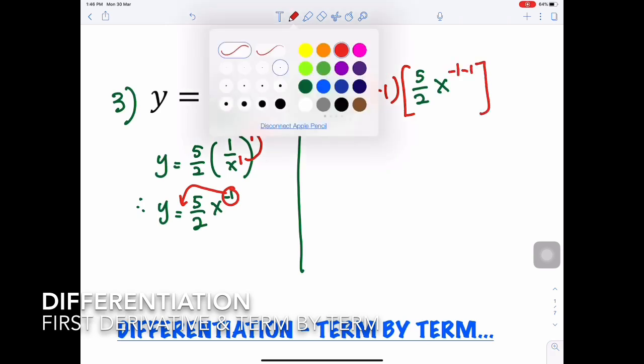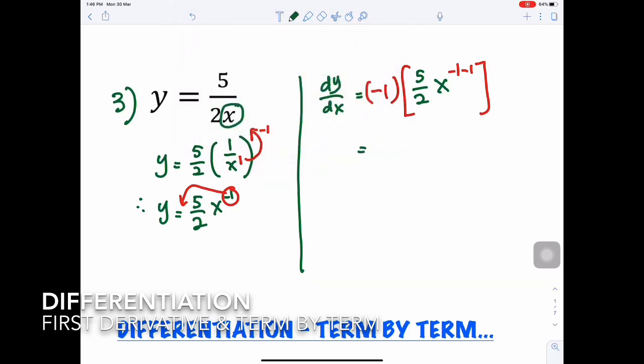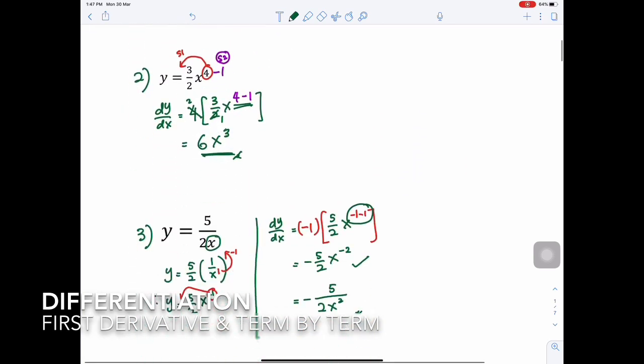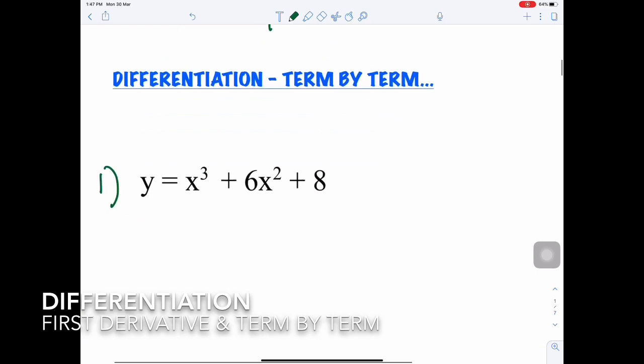And then simplify. So negative 1 times 5 over 2, negative 5 over 2 x power of negative 2 after you simplify. You can leave your answer like this, or convert to a positive index, so negative 5 over 2x squared. So this is an example for a simple equation that contains only one term.